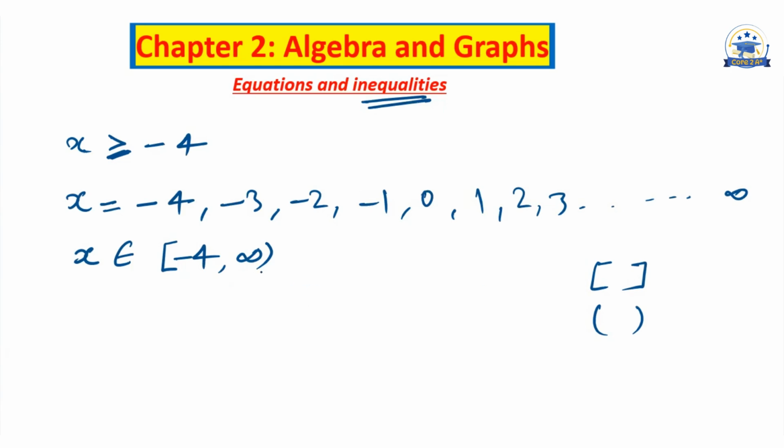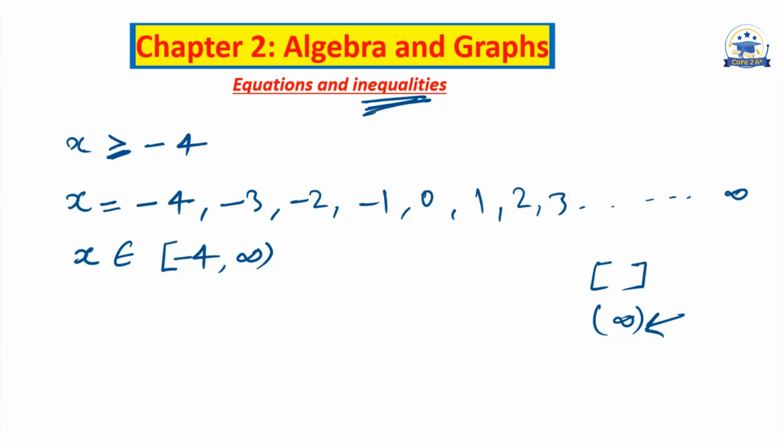Because infinity means we don't know what is the largest value actually. So that's why we always write infinity in the small bracket, okay? So here we have more than one value of x in the case of inequalities. Okay, let's solve one more question, then you will get better.